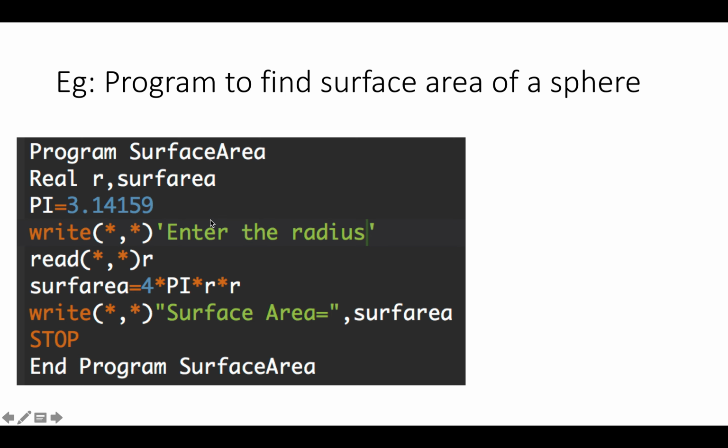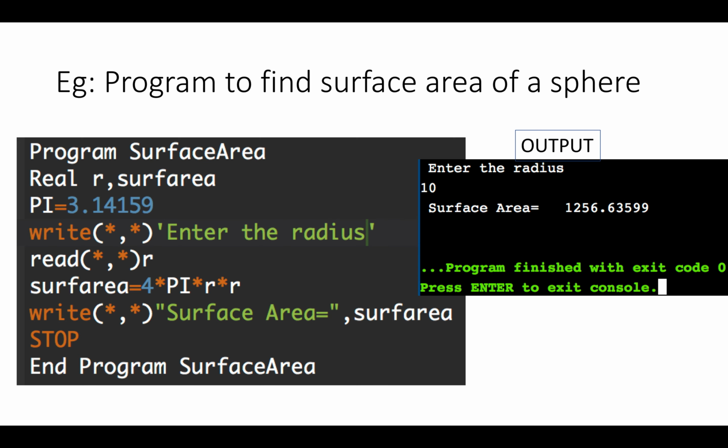What this program is doing is following sequential structure, that is, the flow is going from top to bottom. Initially we defined the variables, assigned the variables and constants, asked the user for entering the values, did the processing for calculating the surface area, and finally printed the output onto the screen, one by one from top to bottom.